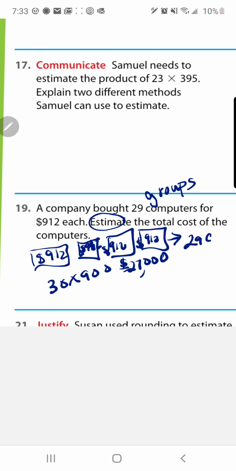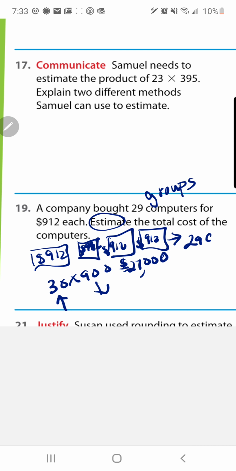Now, let's go a little bit above and beyond. Is that an overestimate or an underestimate? Well, 29 went up to 30, and then 912 went down to 900. So again, this one went up and this one went down. So I'd say that since we actually went down by 12 when we estimated 912 to 900, I'd say that this is an overestimate.